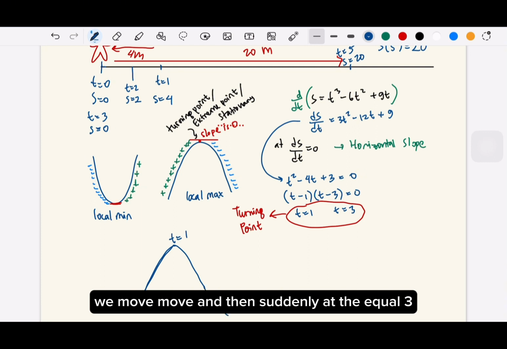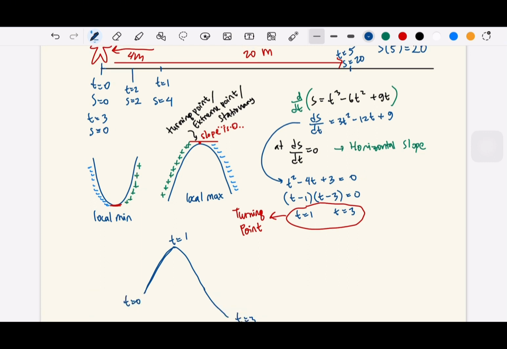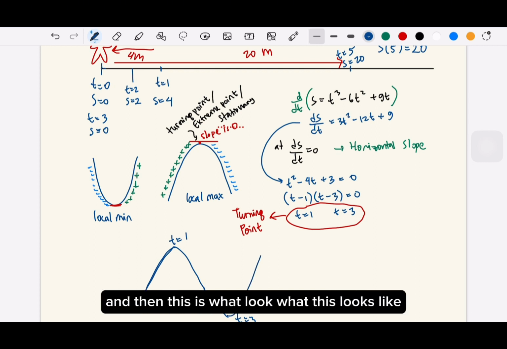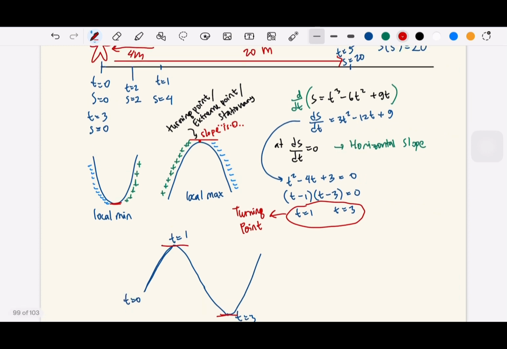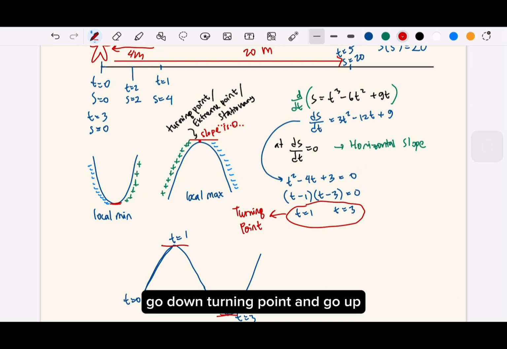And then suddenly at t equals 3, we go back again to the right. This is what it looks like. So we go up, and then turning point, go down, turning point, and go up. It can be shown as we move ourselves. So we go, and then we go back, and then we go 20 meters. So 4, 4, and then 20.